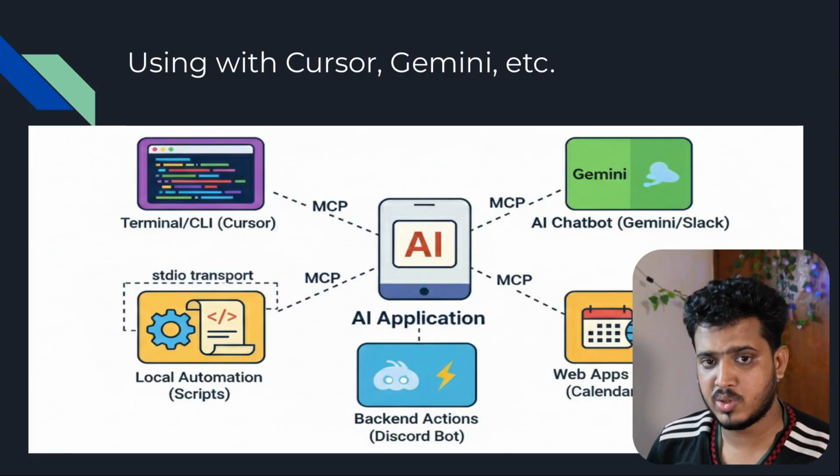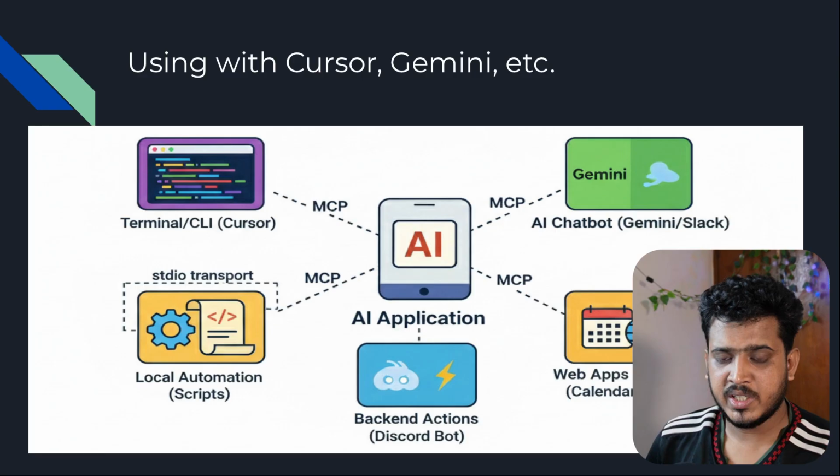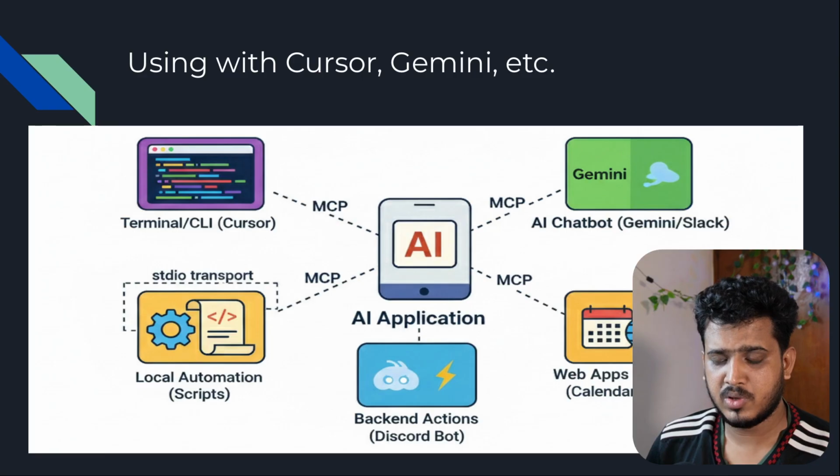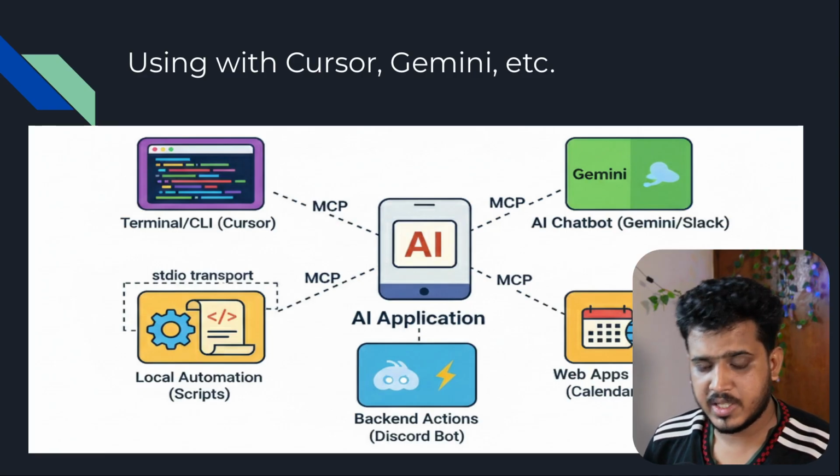Slack or Discord bots call MCP tools as backend actions. Web apps use HTTP transport to interact with calendar events dynamically, which we are going to do in this tutorial. For local automation, we can use stdio transport for scripts. Okay, enough explanation. Now let's get into the code.